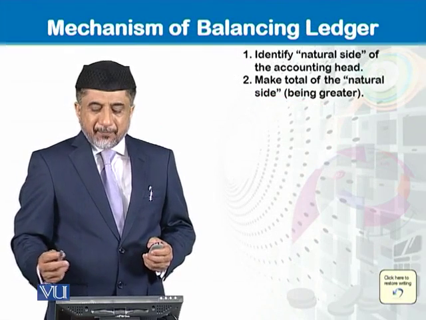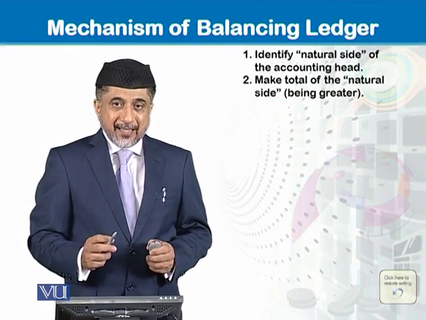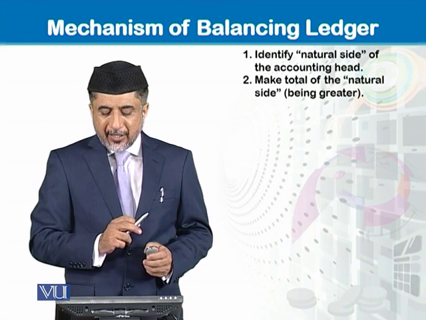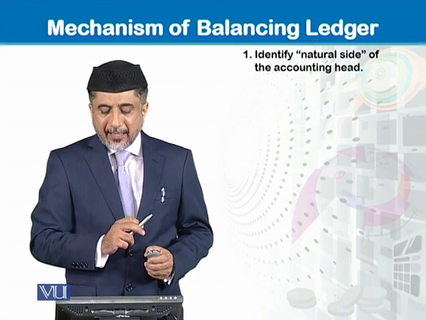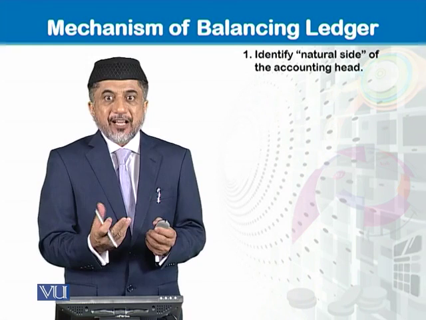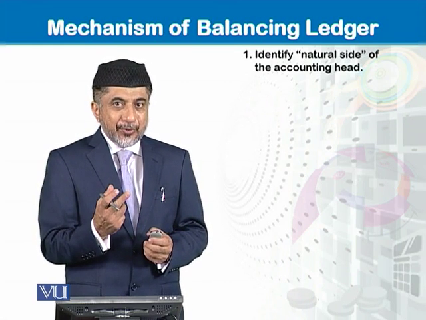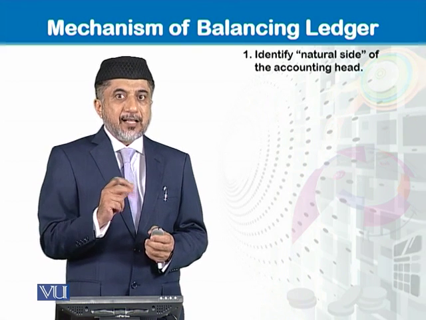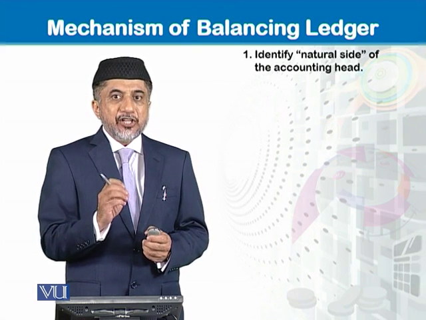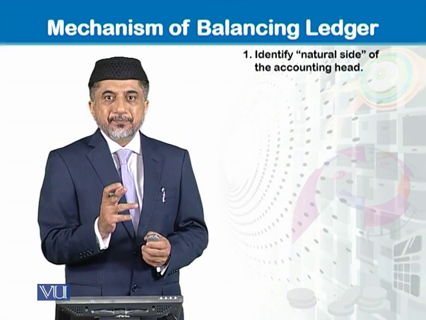So the mechanism of balancing a ledger account includes, number one, identify the natural side of the accounting head. For a bank, you know that bank is an asset, and the nature of asset is debit.